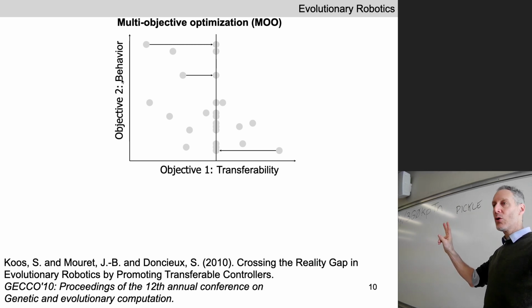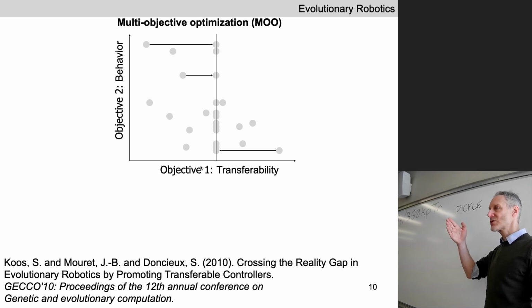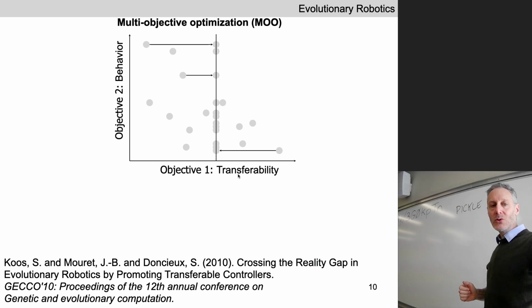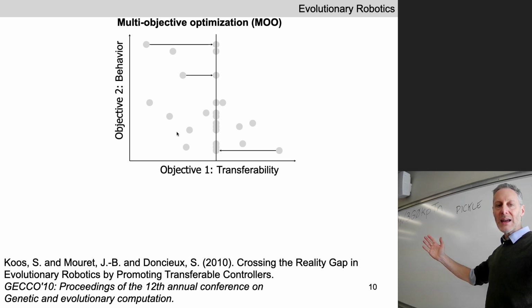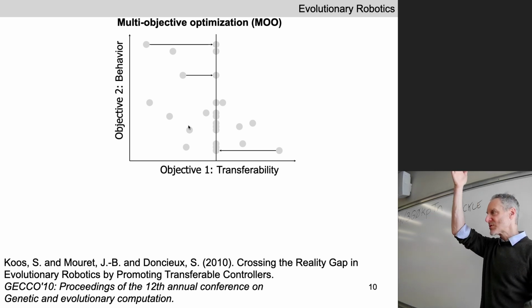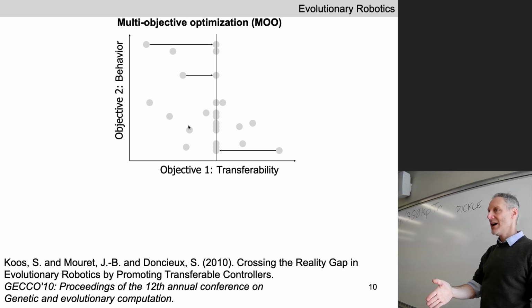We know how good the behavior is of the simulated robot when it's running that controller. We do not know the second number, how transferable that random controller is if we were to send it to reality. So using the geometric interpretation, we can take all of the points, which represent all the random controllers, and collapse them onto one vertical line.